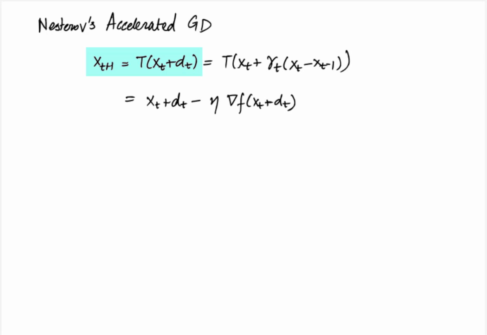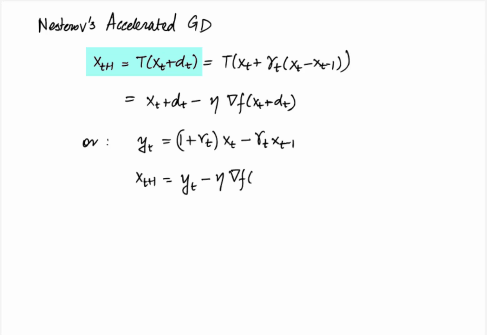So as you can see, the momentum term is applied to xt before deciding the gradient direction. Actually, another way of writing the update is yt equal to 1 plus gamma t times xt minus gamma t times xt minus 1, and xt plus 1 equal to yt minus eta times gradient of f of yt.